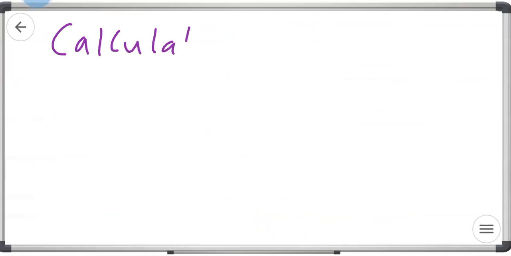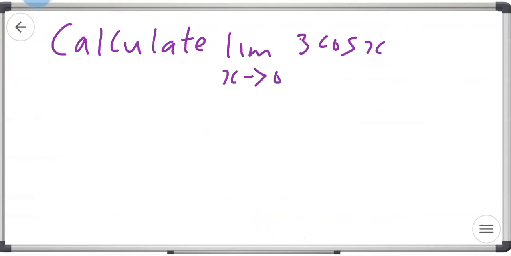Calculate the limit as x tends to 0 of 3 cos x all over x minus 3. So quickly, here we're told that x tends to 0.